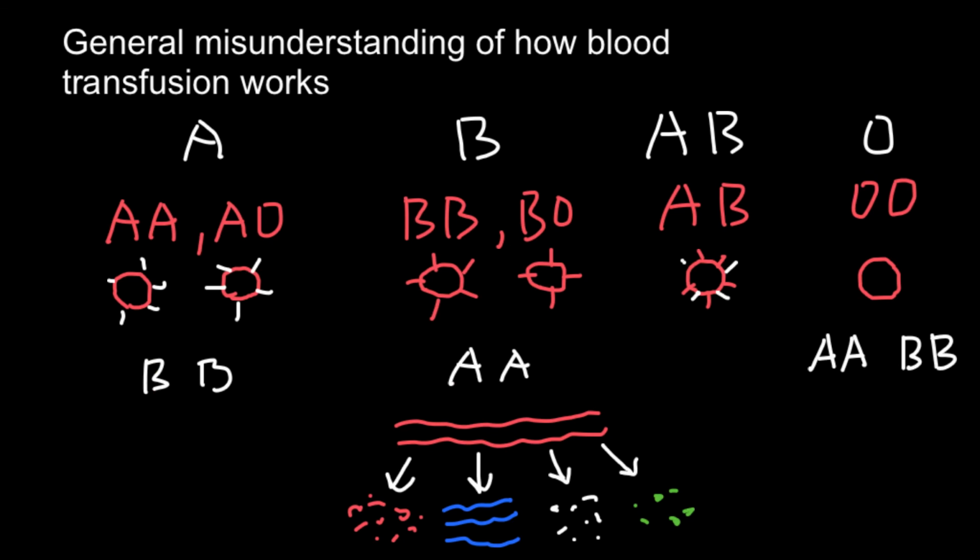Once again, new conceptual idea. People who belong to this blood group would be considered universal recipients of red blood cells from any blood group, but at the same time would be considered universal donors of the plasma component of the blood.